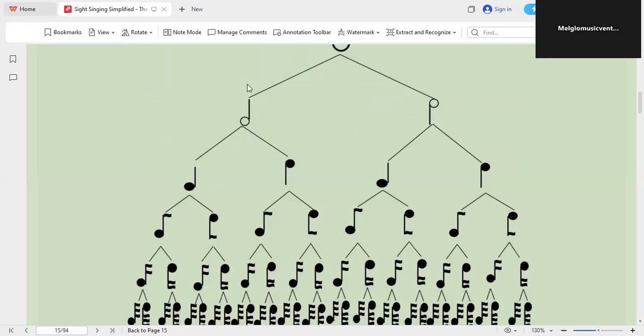Also, the minim can be subdivided into 2 crotchets. So this is crotchet, crotchet, crotchet, crotchet. So we have 1 semi-brief, 2 minims, 4 crotchets, and that's why the Americans call the semi-brief whole notes, the minim half notes, and the crotchet quarter notes.